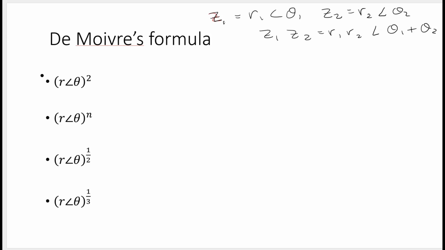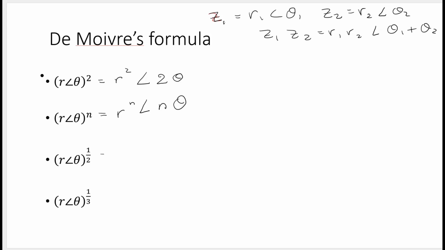When we're squaring it, we're multiplying by itself, so the r's are the same. So we can follow the rule, and for the generalized version, it would be r to the power of n angle n theta.